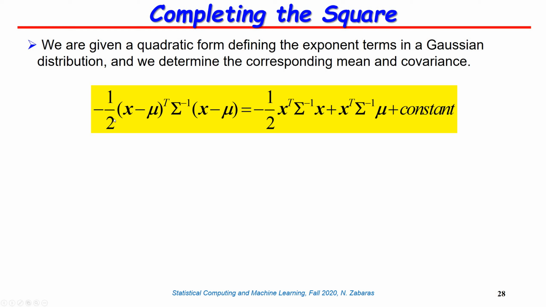So you're going to need to subtract and add this term to your quadratic form so that you can complete the square. And complete the square means take these two terms that you have here and put them in this quadratic square form, the way we're familiar with for Gaussians.